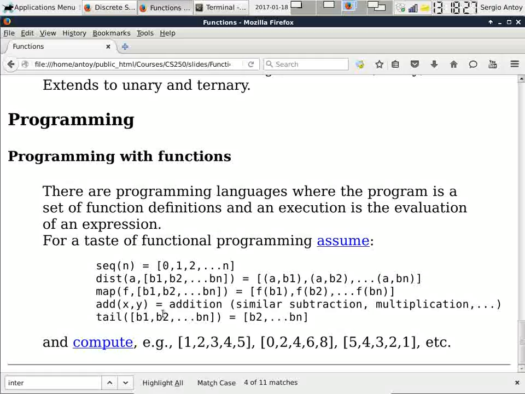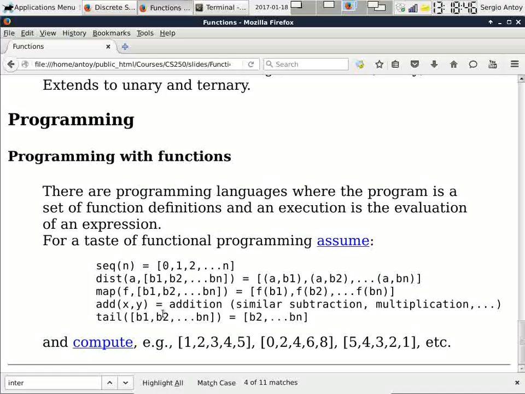Now you do a dist 2, right? So if you do a dist 2, so sec 4 is 0, 1, 2, 3, 4. Now you do a dist 2. Yes, I switch camera, but you may want to see that one.